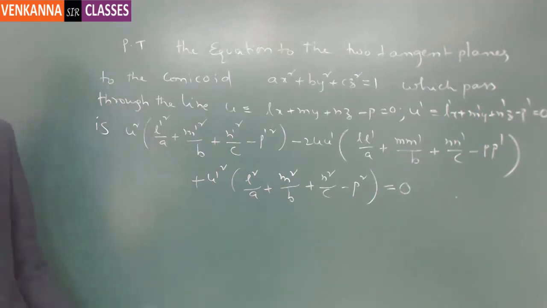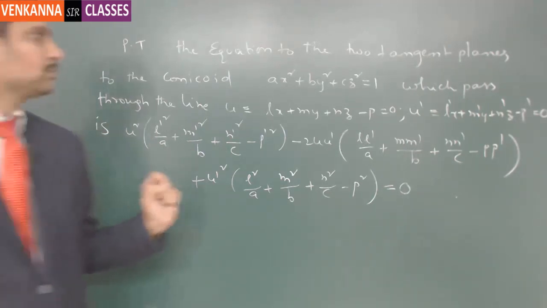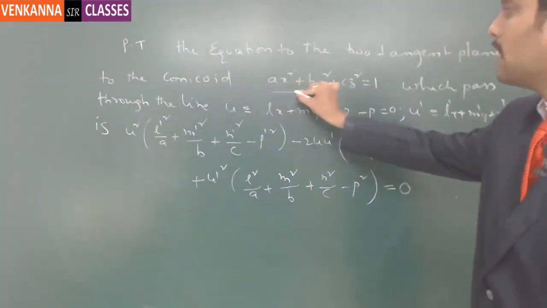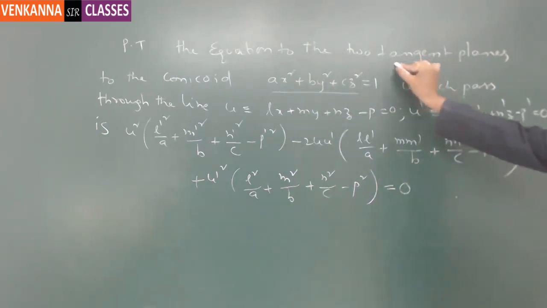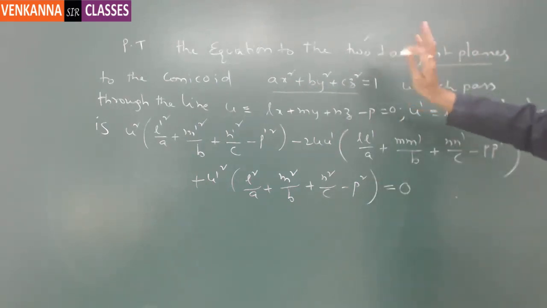So just look at the question. Here, for the conicoid we are considering a tangent plane. However, you are going to get two tangent planes. You forget about that.